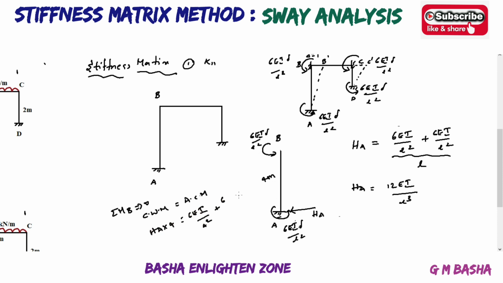Again this one is also an anti-clockwise moment, 6EI by 4 square. So you will get the same, 12EI by 4 cube. So your horizontal reaction at A will be equal to 12EI by 4 cube.